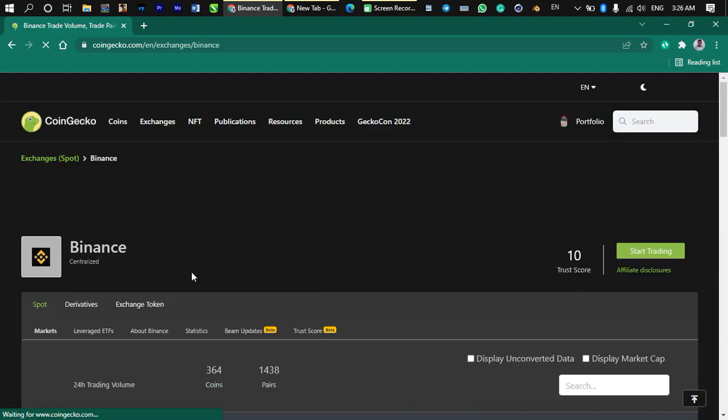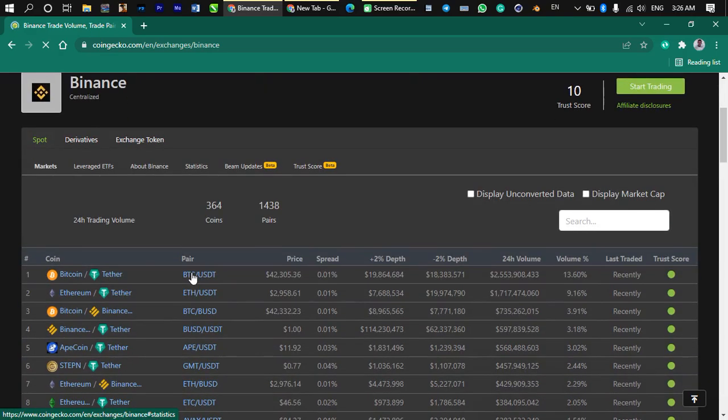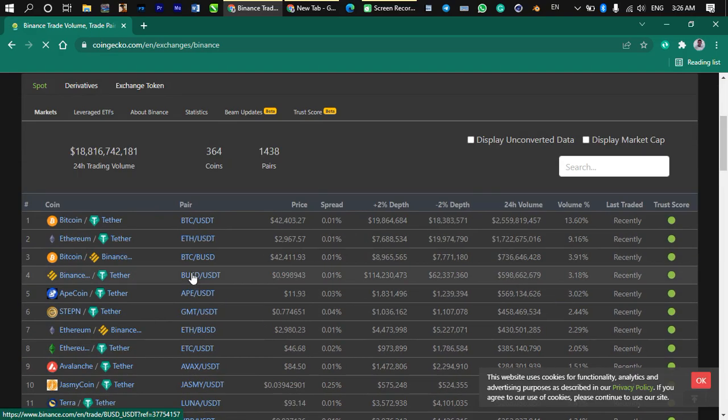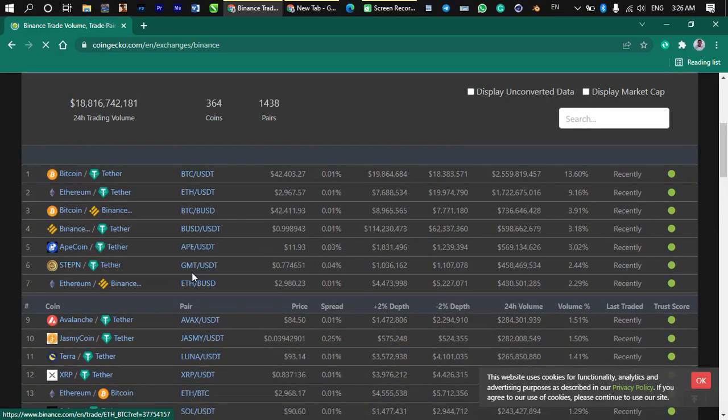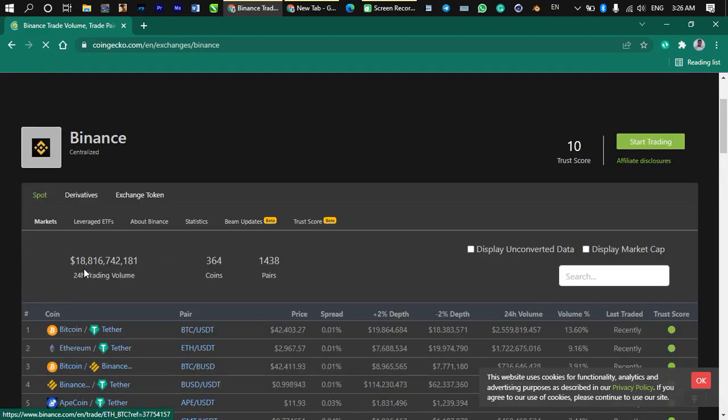After you click on Binance, here are the trades going on Binance. Currently we have over $18 billion being traded on Binance as of now, with 364 coins and 1438 pairs.